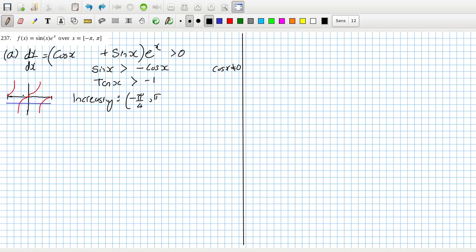I think I'll just change my graphic a little bit. Okay, there's the pi over 2 asymptote. And then we'll just put minus 1, make it a little bit higher. There we go.